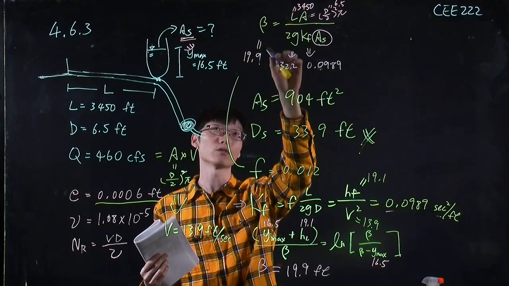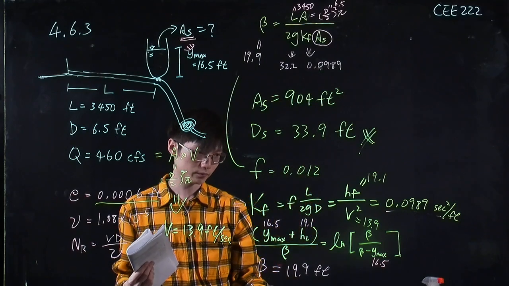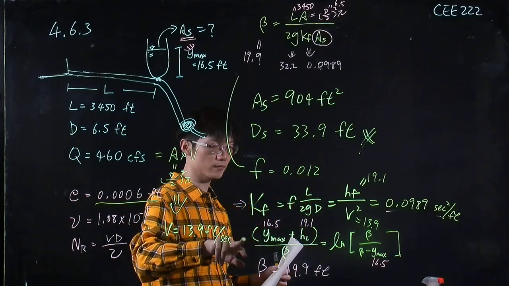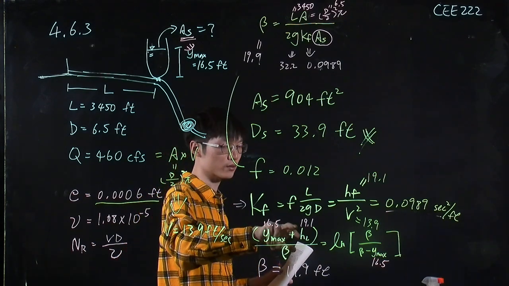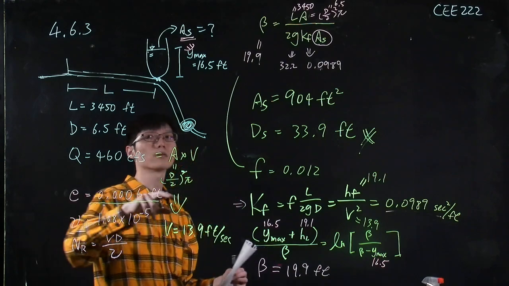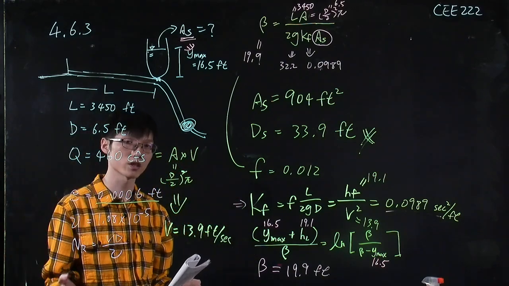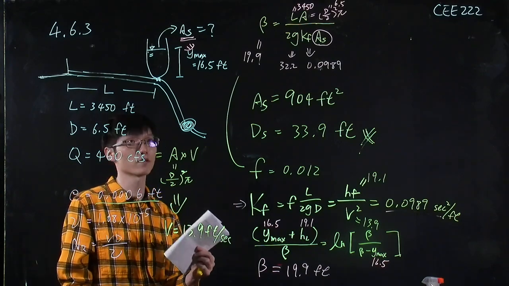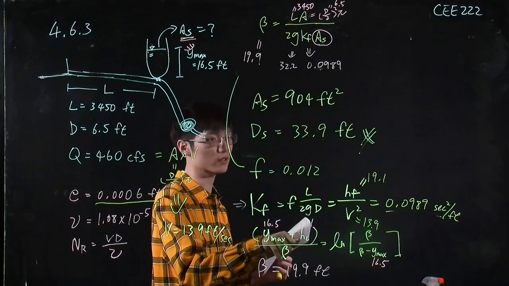So to solve the damping factor, we can use the equation down here. And because in this equation, we also need to know the head loss. So the problem tells us, we only consider the friction head loss and ignore other minor head losses. So we just use the friction head loss equation to calculate these head losses.